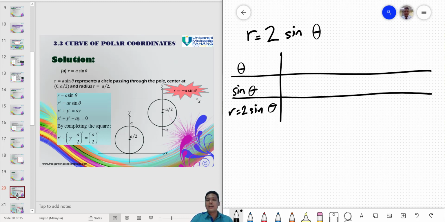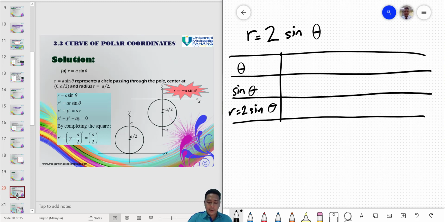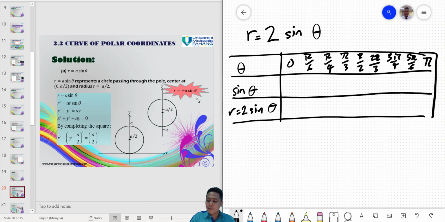You can try up until 2 pi, but for this one I want to make a distinct plot of a smaller circle which includes special angles, starting with 0, pi over 6, and so on, 5 pi over 6, and ending with pi, because until pi we can already see the shape.